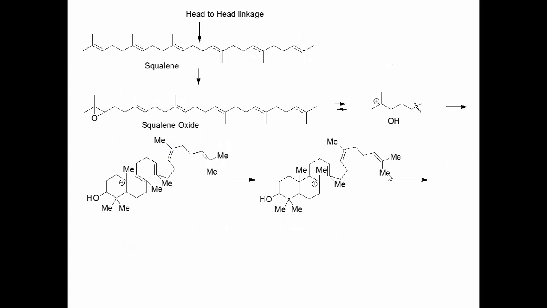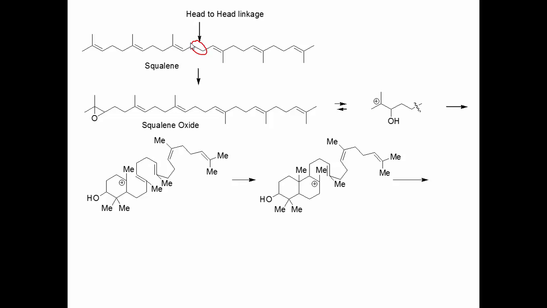All right, so what we're going to look at now is cholesterol biosynthesis. What we have to do to make cholesterol from terpenes is get 1, 2, 3, 4, 5, 6, so this is a triterpene, squalene. And squalene is kind of unique in that this middle linkage here is backwards.